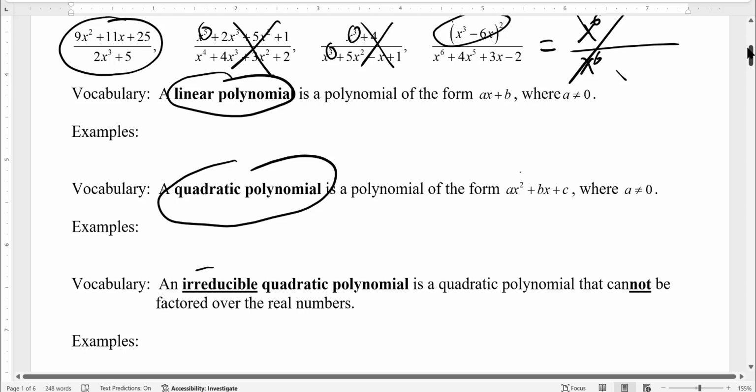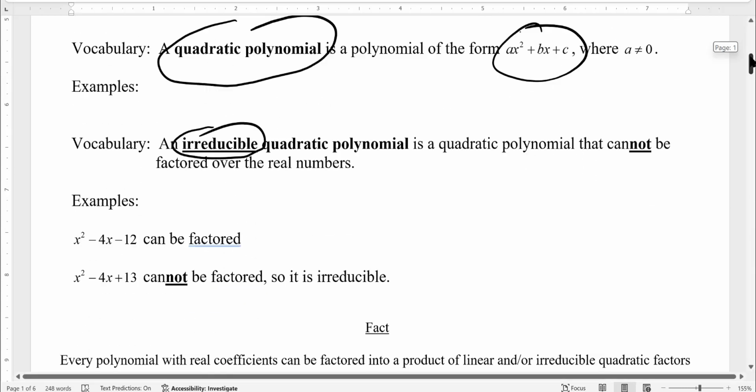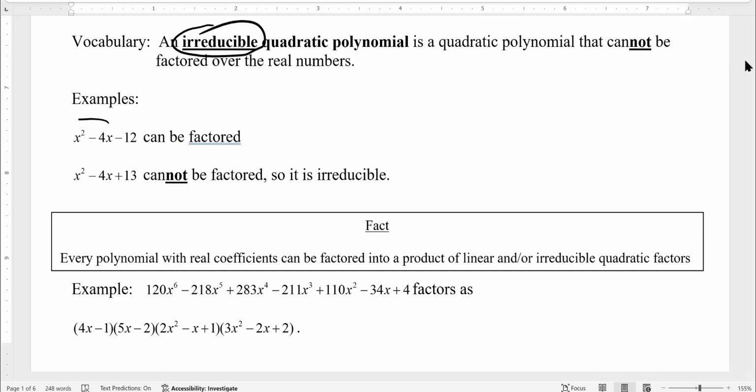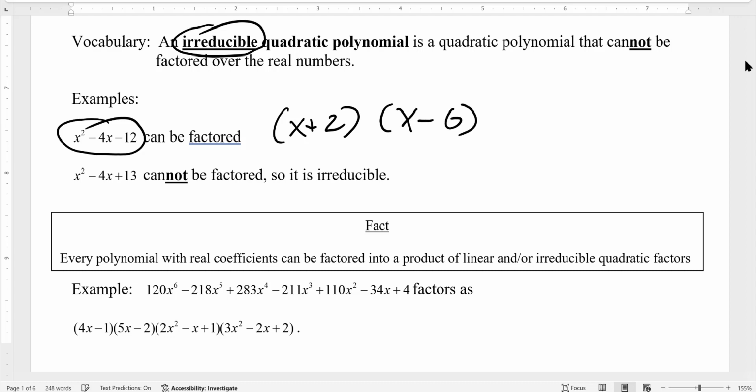You need to know what an irreducible quadratic polynomial is. An irreducible quadratic polynomial is a quadratic polynomial that cannot be factored using real numbers. Now, what do I mean by that? Well, take a look at this. This is a quadratic polynomial that can be factored. In fact, this one factors as x plus 2 times x minus 6.